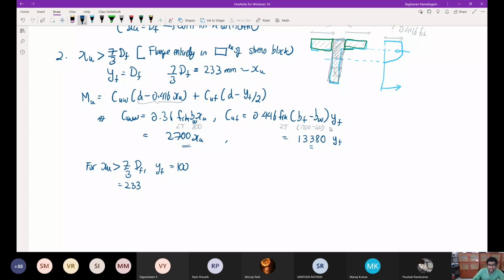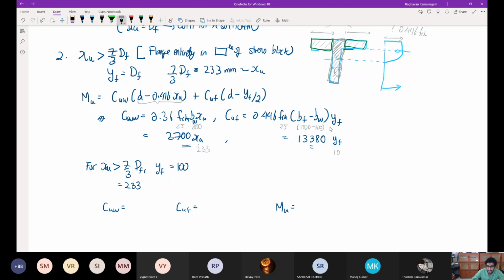Substitute these numbers into CUW and CUF, and consequently you can find MU.